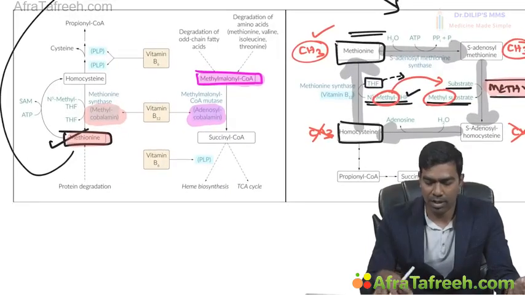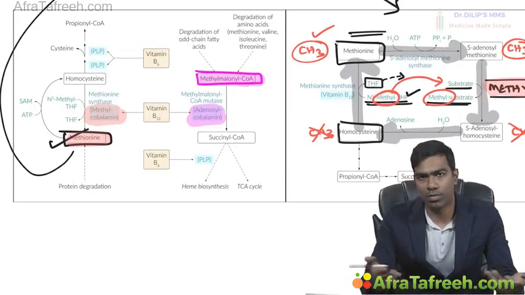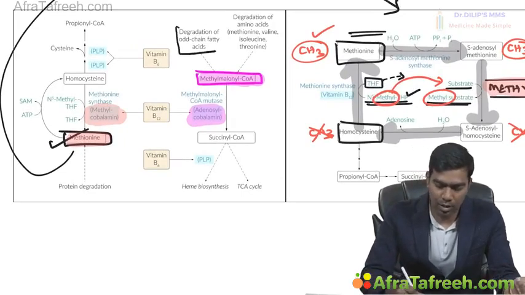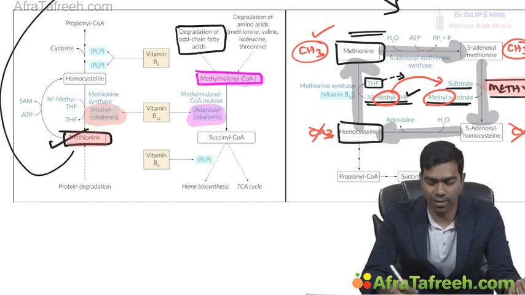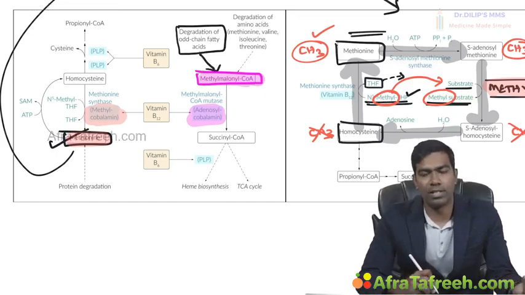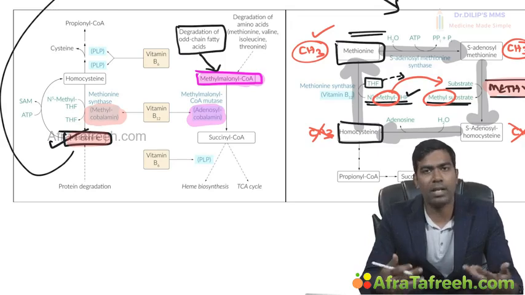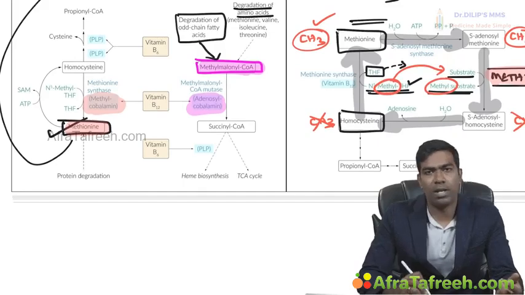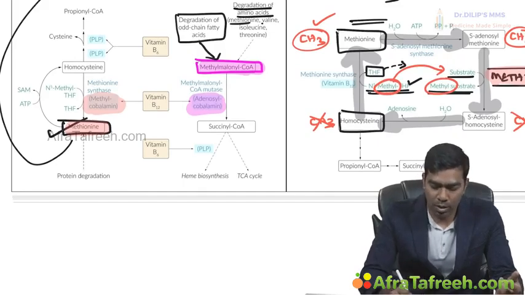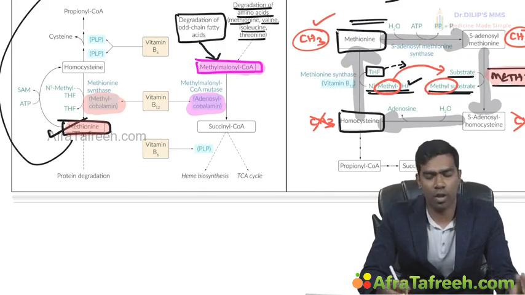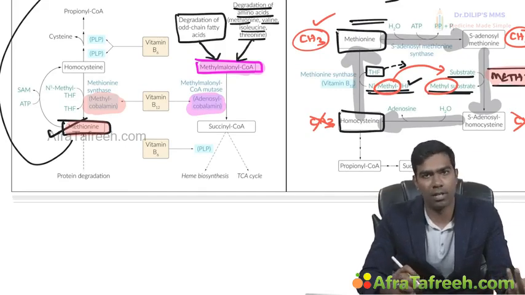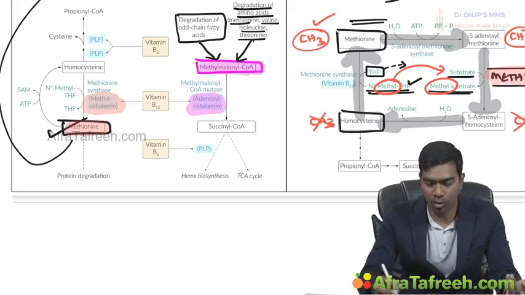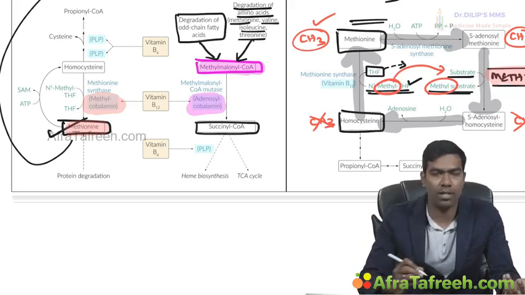At the same time, it is also important for the metabolism of odd chain fatty acids, where the degradation of a lot of these odd chain fatty acids will result in the formation of methylmalonyl-CoA. At the same time, the degradation of a lot of amino acids, like methionine, valine, isoleucine, threonine, are also going to form this methylmalonyl-CoA. This methylmalonyl-CoA can become succinyl-CoA.